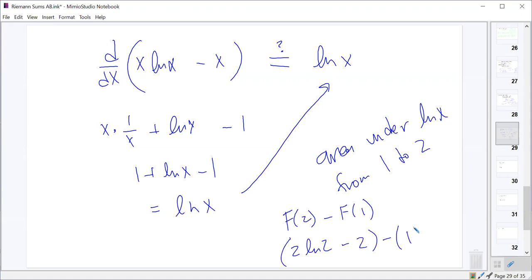And that would tell me what the area underneath the curve natural log of x is from 1 to 2. If I wanted to know what it was from 2 to 3, I'd just plug in 3 and plug in 2 and find the difference between them. Does that sort of make sense?